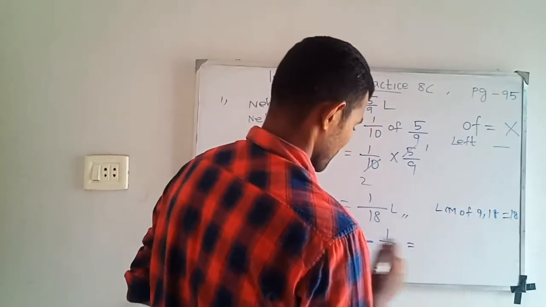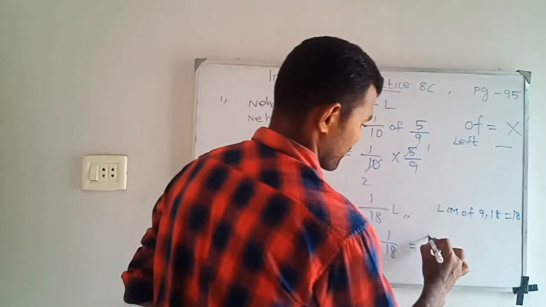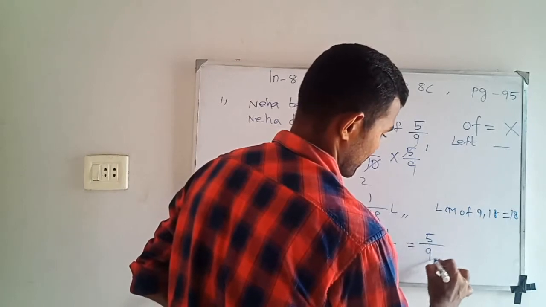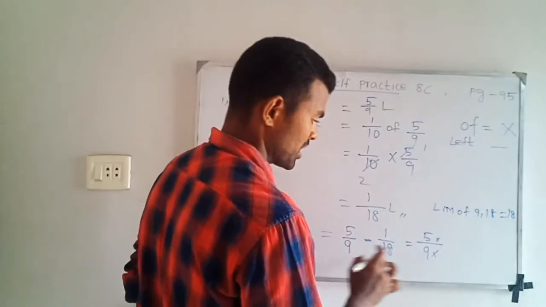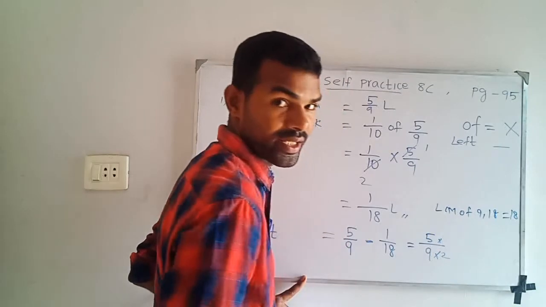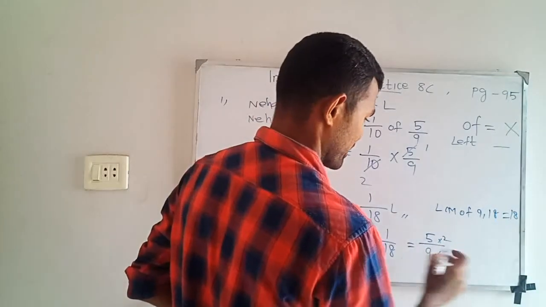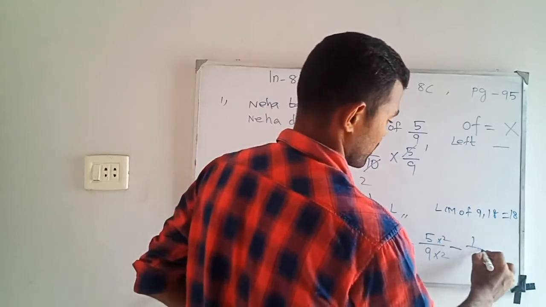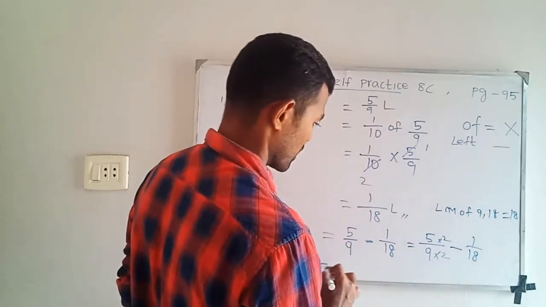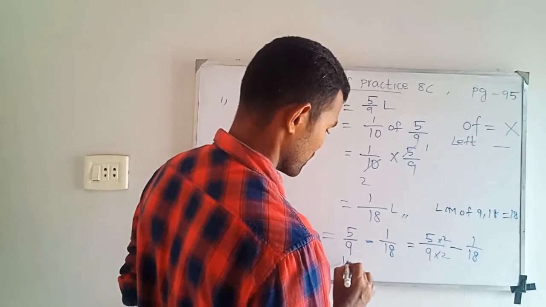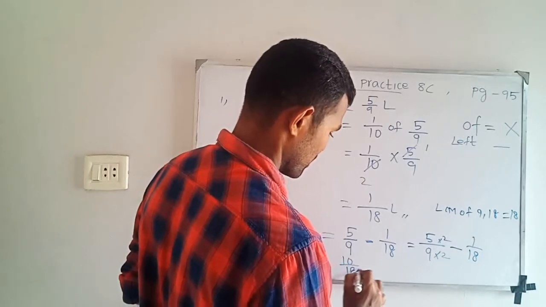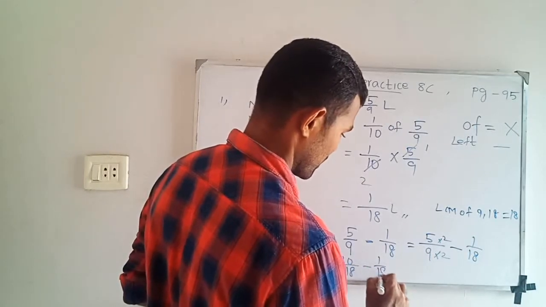That is 5 by 9, multiply by 2, minus 1 by 18. So now 5 multiplied by 2 is 10 by 18 minus 1 by 18.